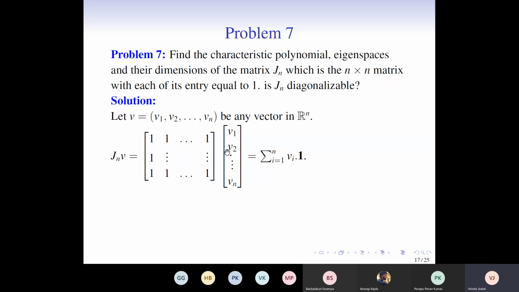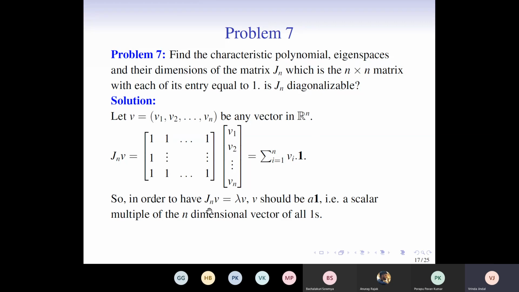You find that each element is the summation of all the elements of v, so v1 plus v2 plus up to vn. All the elements of the result of J_n v will be this. Just pull out that scalar and we get a vector of all ones multiplied by this scalar.